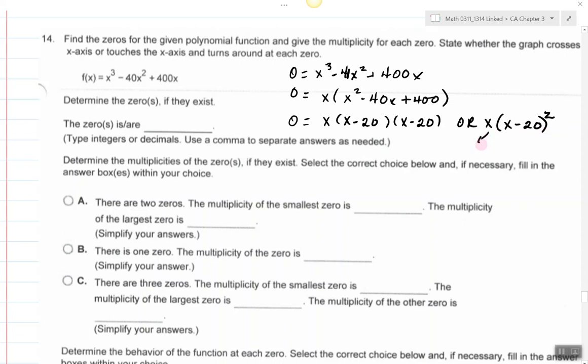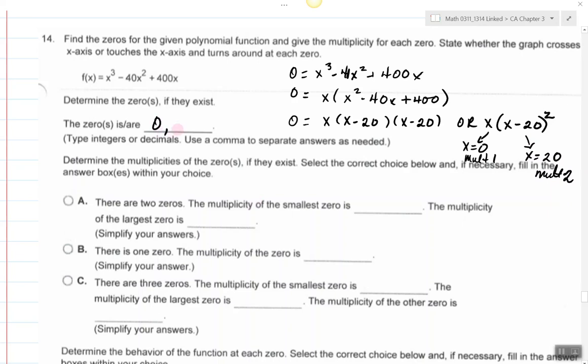That means that I'm going to get x equals 0, multiplicity 1, and I'm going to get x equals 20, multiplicity 2. Certainly you could have used the y equals and graphed it. I just thought I would do this one differently.